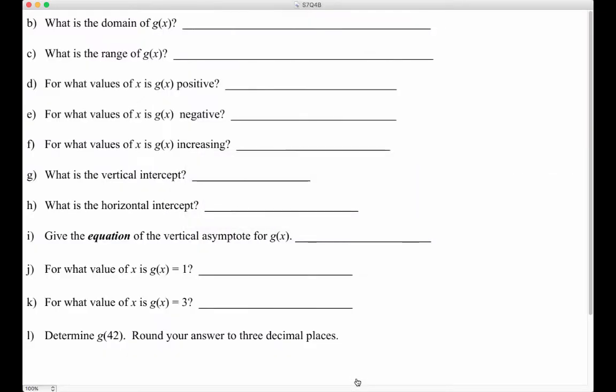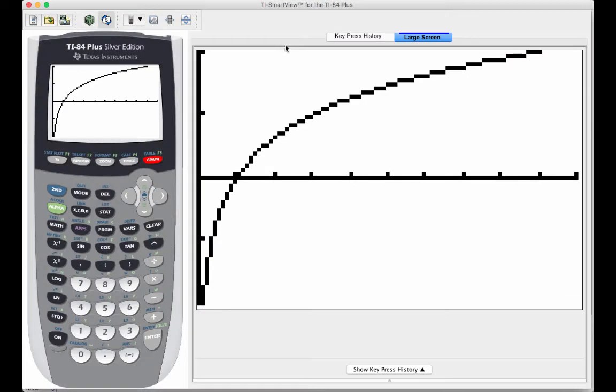Okay, so the first thing we want to know is what is the domain of x? Again, recall this is g of x equal to logarithm base 3 of x. The domain of the function, if we go back and take a look at the graph, we notice that we start at 0 and then head out to positive infinity.